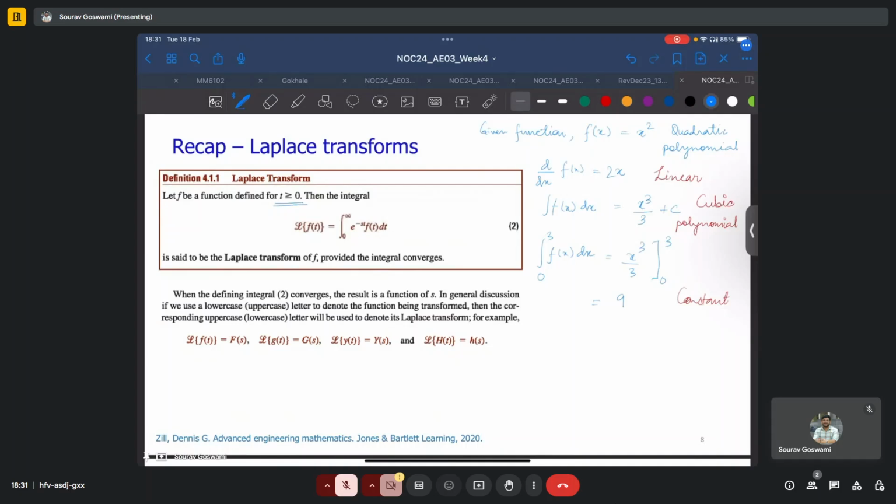When we are evaluating this integral, and when this integral converges, if at all, the result is a function of s. Originally we started with a function of t, f of t, and the evaluation of this integral will give us some function F of s.